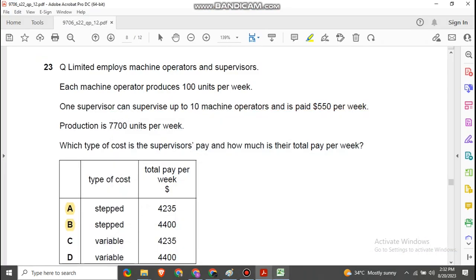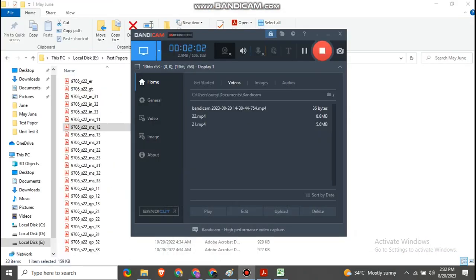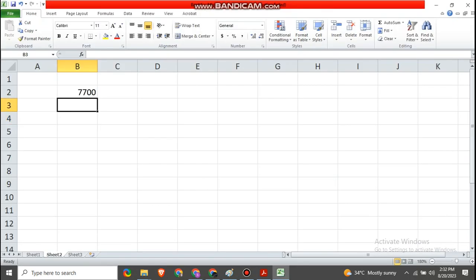So if I divide this by 100, then I will get how many operators we require. So 7,700 divided by 100 gives me 77 operators, who produce 100 units per week, so that in a week they produce 7,700 units.